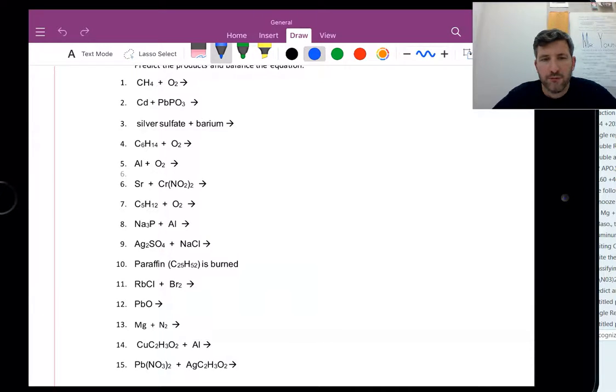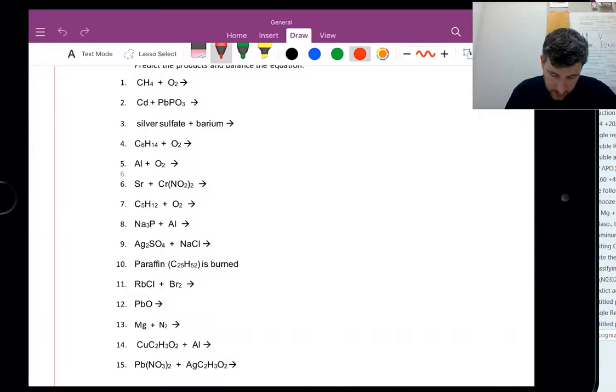So here are all 15 questions from the review. Let's just start with synthesis. We already know that synthesis is when two elements combine to form a binary compound. So see if you can pick out all of the reactions that are synthesis. Okay, so I'm going to put a little S next to all of them that were synthesis.